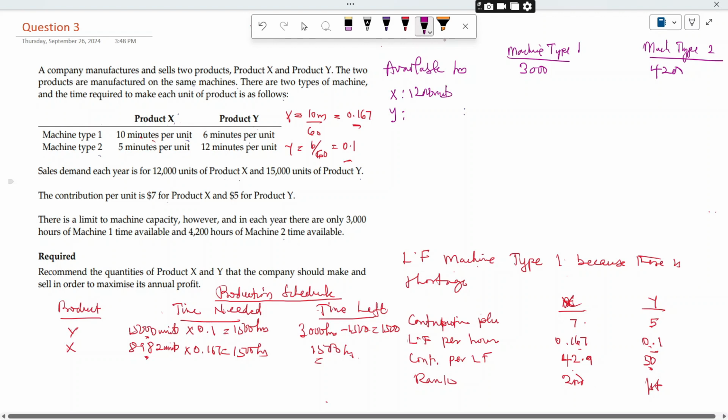We calculated that the contribution per unit for X here is 0.167, and for Y, 15,000 times 0.1.